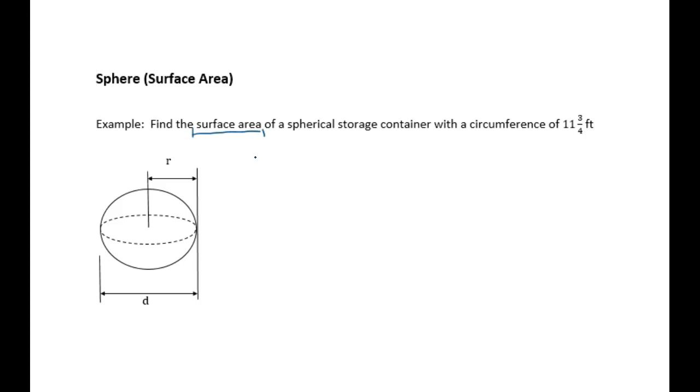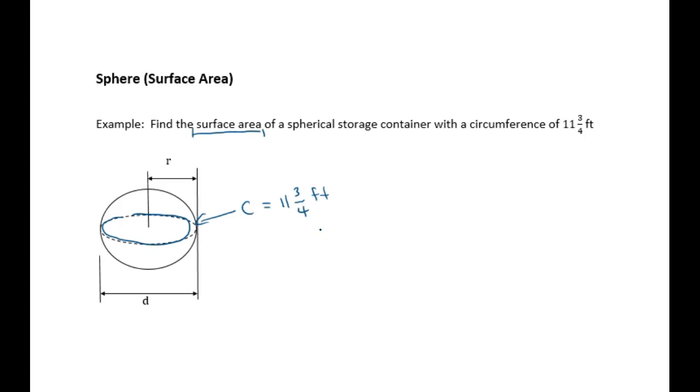It's all just total surface area of a spherical storage container with a circumference of 11 3/4 feet. So now we're actually looking at the circumference. That would be basically the circle inside the shape would have a circumference of 11 3/4 feet.